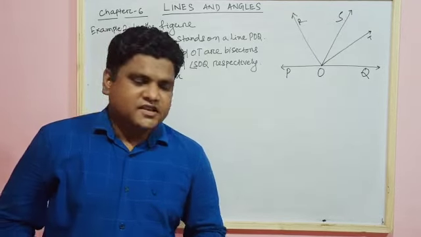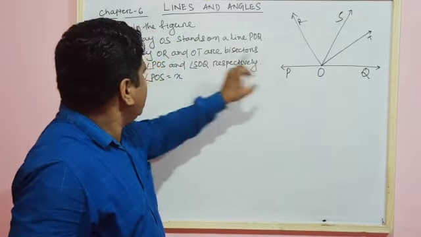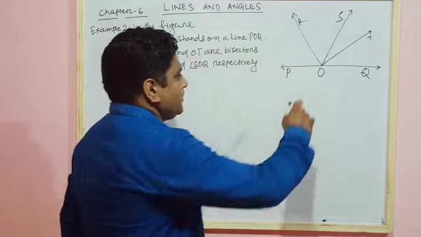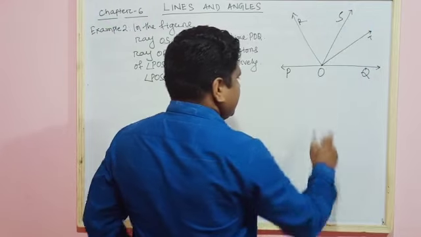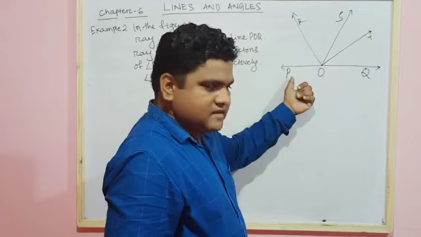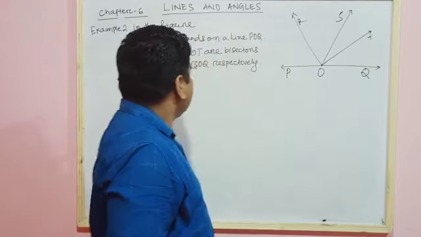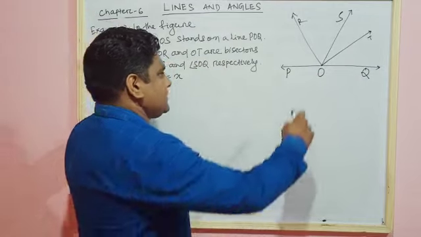Your example 2 is: in this figure, ray OS stands on a line POQ. OS is a ray that stands on a line POQ. P, O, Q are three linear points that form a line POQ. And ray OR is the bisector of angle POS.